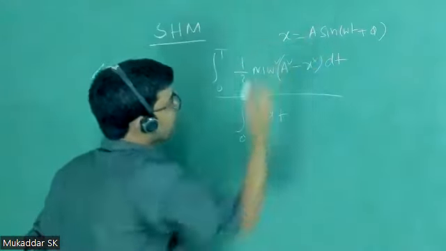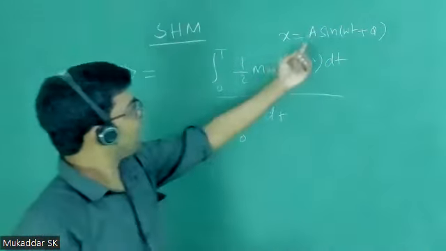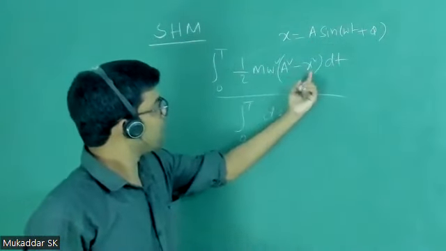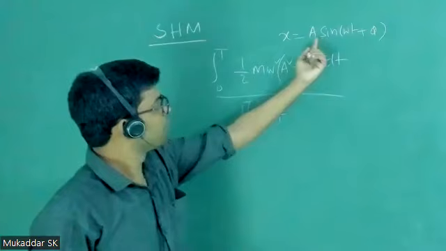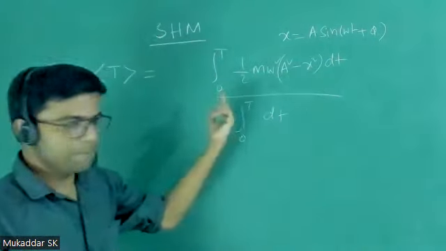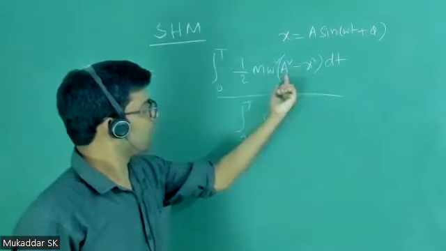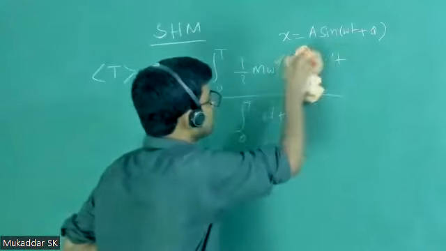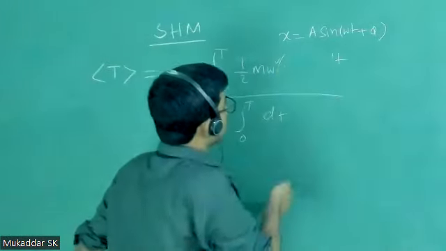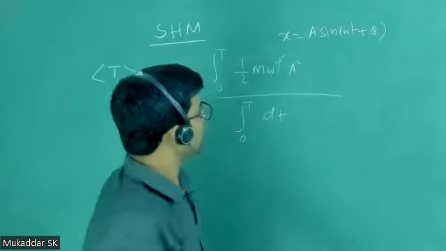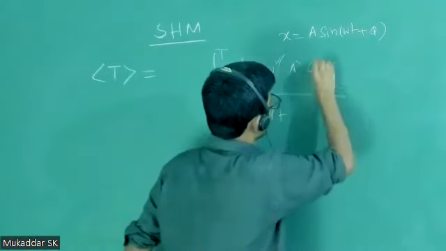And if you substitute x here, you'll have a square sin square omega t plus phi, and then you'll get a square common. 1 minus sin square is cos square omega t plus phi.